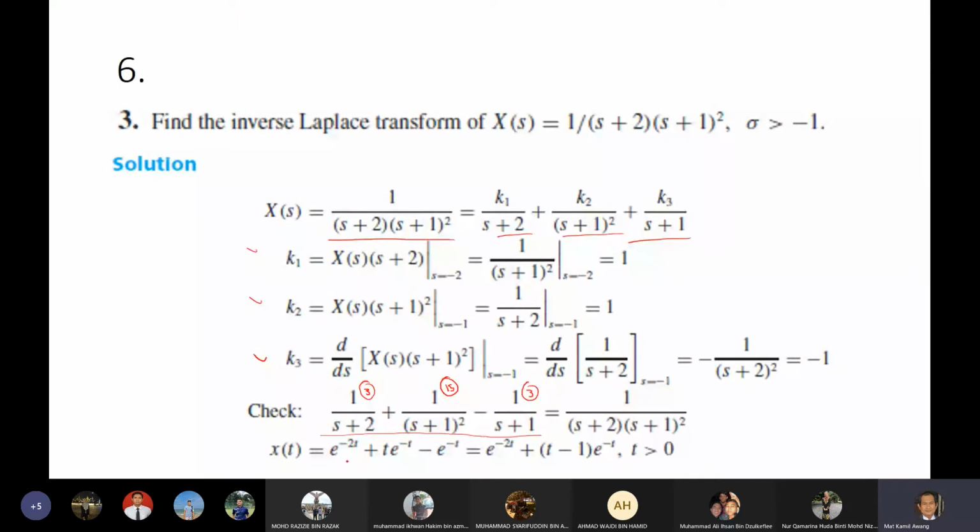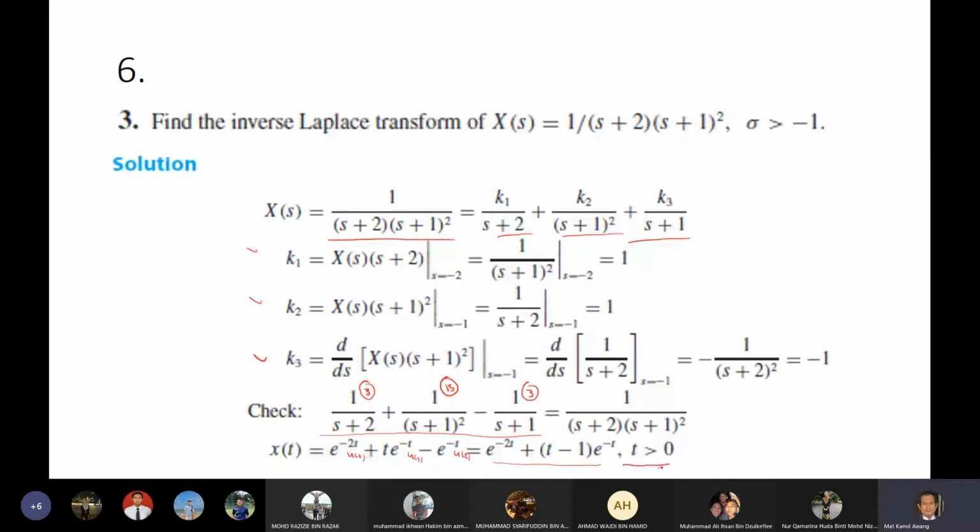So you get this. Here 2 is minus 2, 1 is minus 1 here. This one is t to the power of 1 times e to the minus 1t, equal to t e to the minus t. And this can be reduced to this, for t greater than 0, because actually you have u of t in all of this.